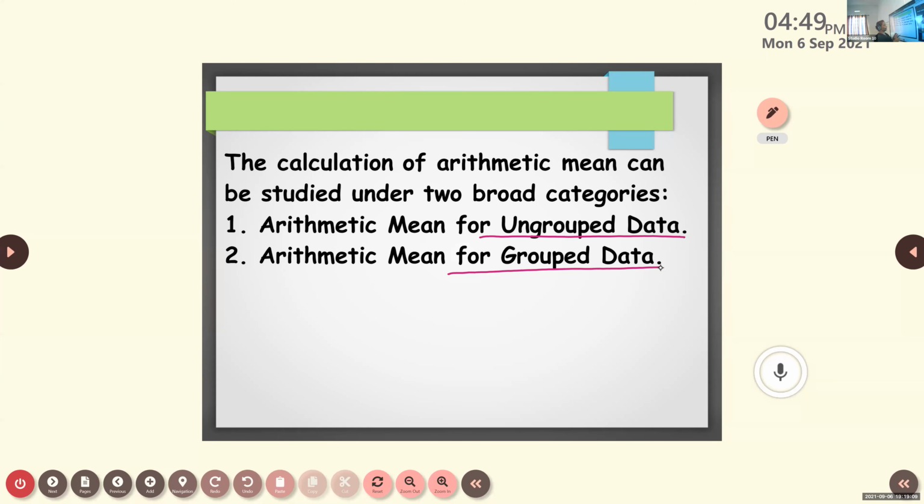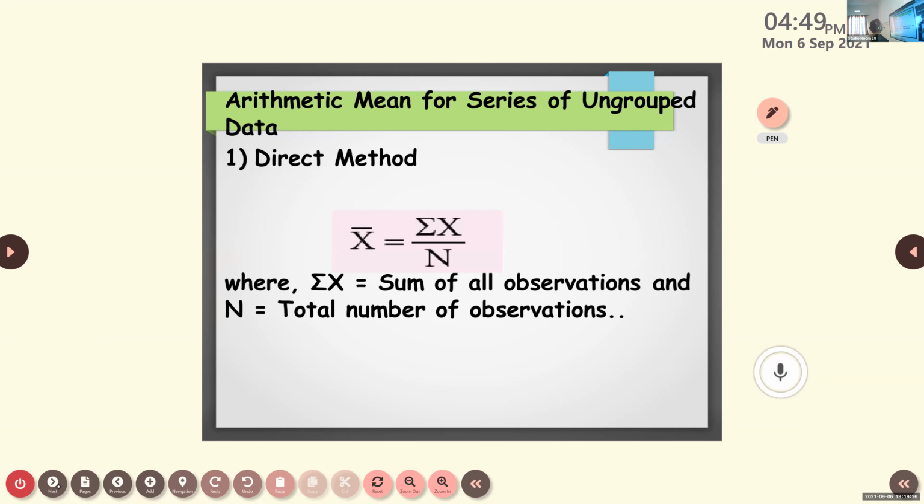Grouped one in the sense those numbers will be given, like frequencies, in the particular class intervals. So arithmetic mean we can calculate for ungrouped data also, and at the same time it will be used for calculating the grouped data also. Now, ungrouped data, the same as I told you before.